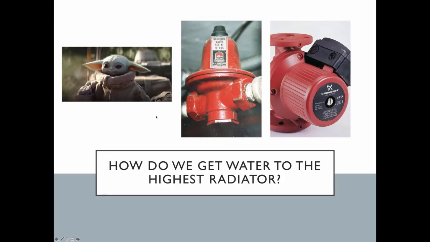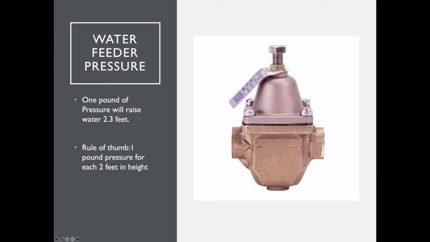How do we get water to the highest radiator? A lot of times people will say, well, we'll use a pump to get it up there. And actually it's not a pump, it's a circulator. I like to use Baby Yoda here. That's my favorite because he can lift it all the way up to the top there. But in reality, what you need is a pressure relieving or pressure regulating valve.